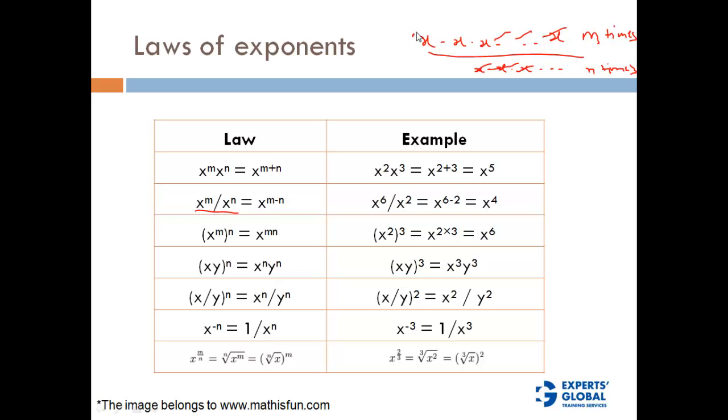What will remain in the numerator will be m minus n times x, which is going to be equal to x raised to m minus n. So we get this rule: x raised to m divided by x raised to n is x raised to m minus n. Let's see an example. x raised to 6 divided by x raised to 2 is x raised to 6 minus 2, which is equal to x raised to 4.